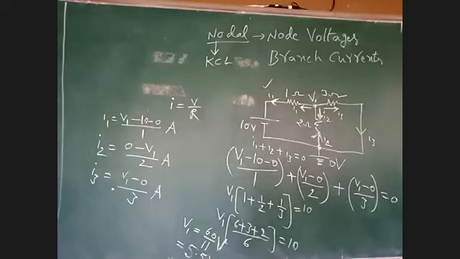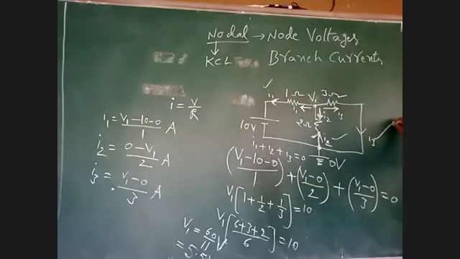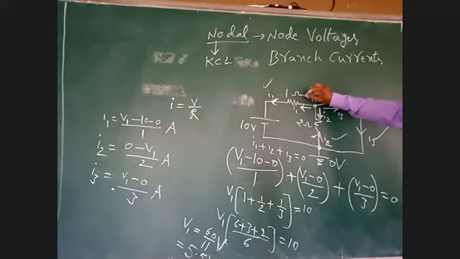See, the actual directions I have given, these are the actual directions I1, I2, I3. The assumption is only for determining the node voltage.